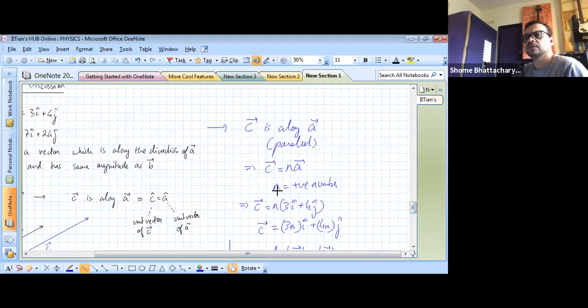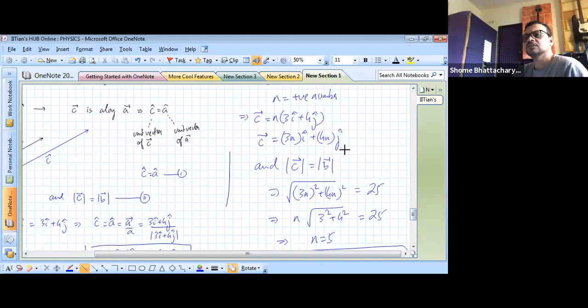C is parallel to A, so instead of saying C cap is equal to A cap, we're just saying C is some number times A. Let's say that number is n. So it becomes 3n i cap plus 4n j cap. Then you apply the condition that the magnitude of C is equal to the magnitude of B. So this vector's magnitude should become 25, because we calculated earlier that mod B was 25.